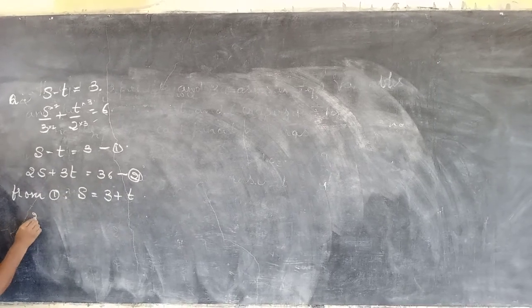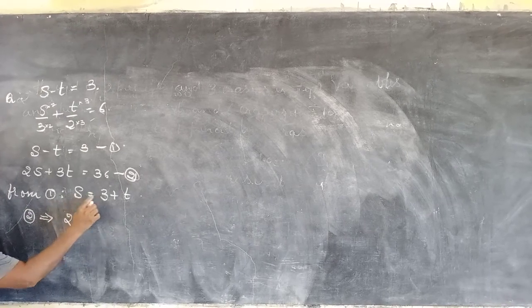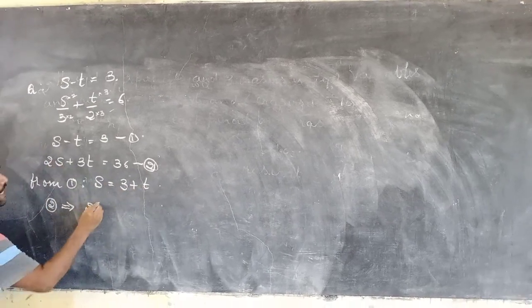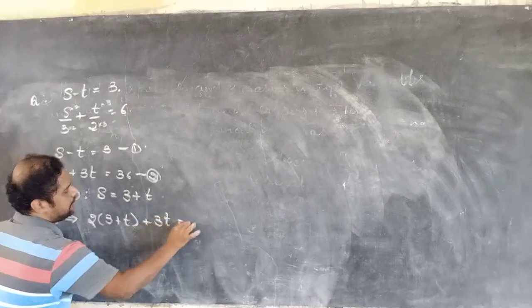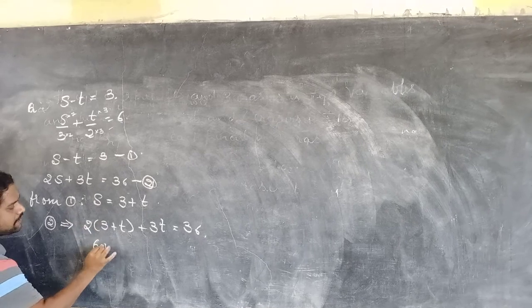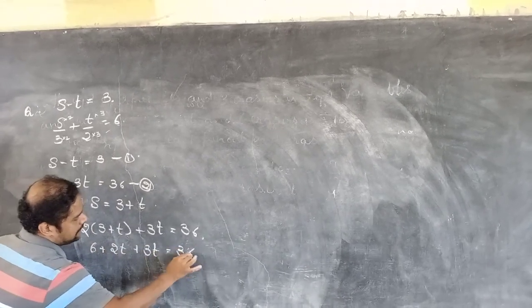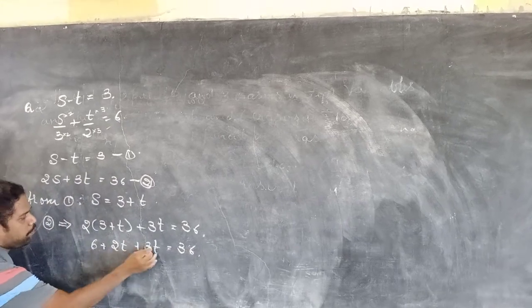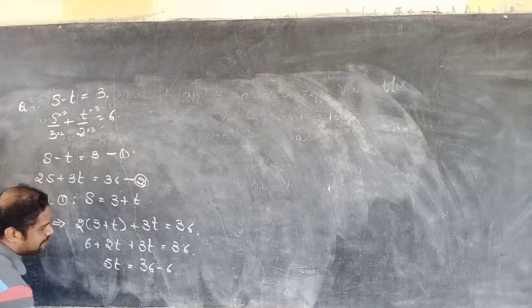So equation 2 implies 2 into what is s? s is 3 plus t. Substitute here, that is 2 times (3 plus t) plus 3t is equal to 36. Simplify this. 2 3s are 6 plus 2 into t is 2t plus 3t is equal to 36. Therefore 2 plus 3 is 5t is equal to 36 minus 6.